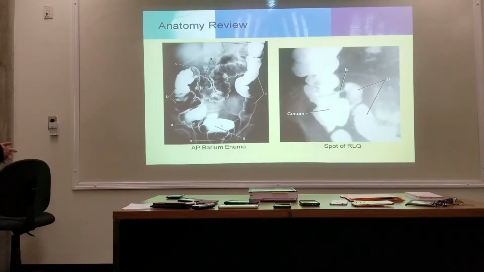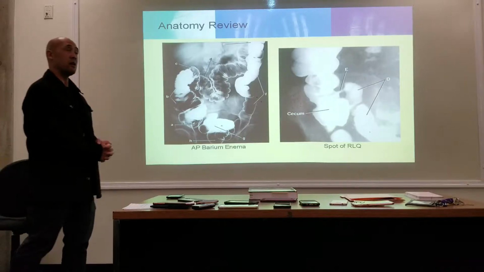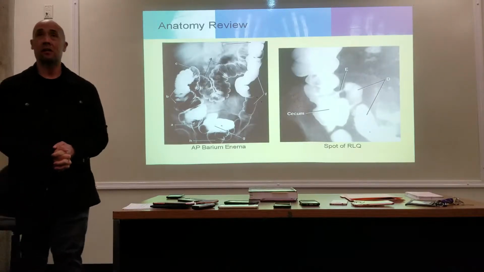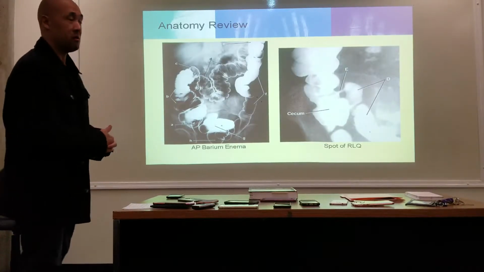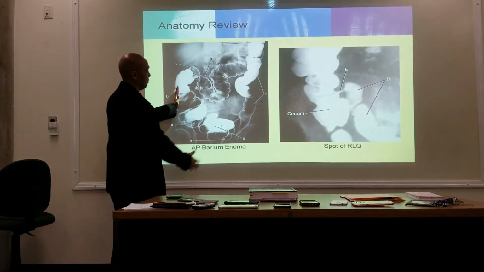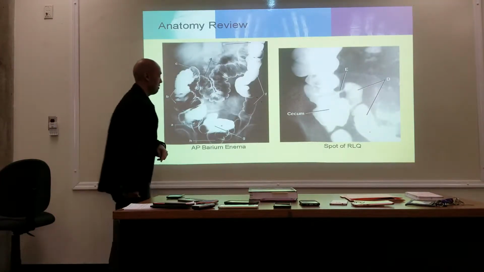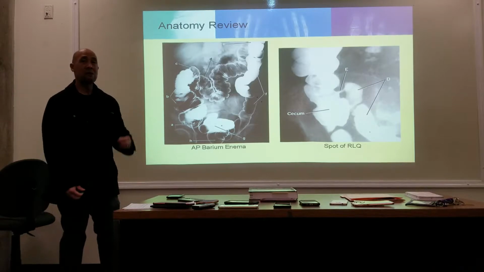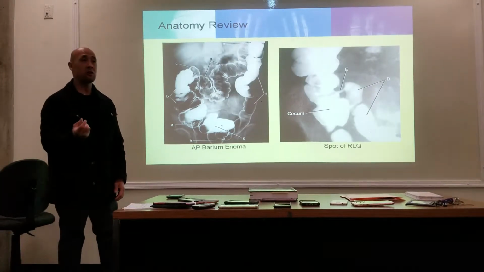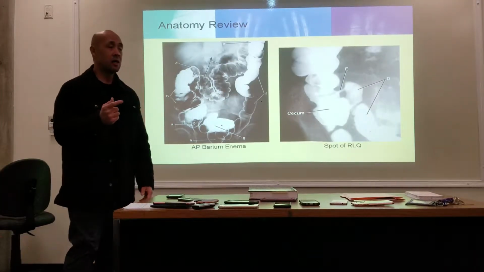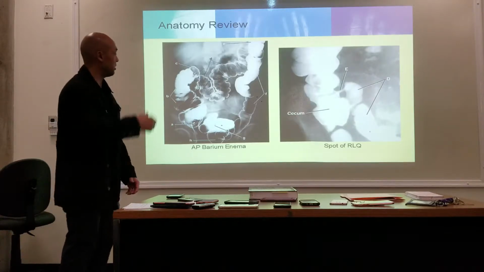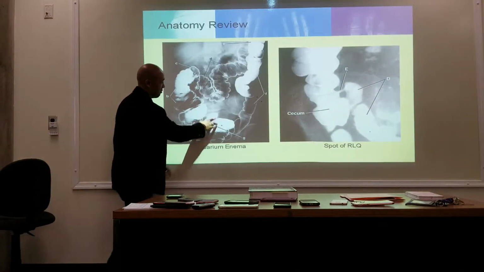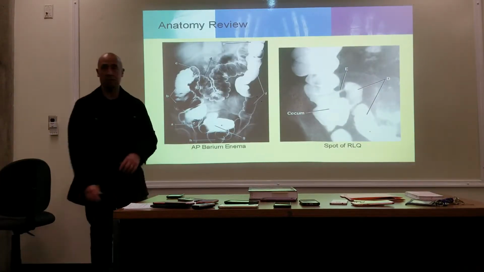And it says here it's AP, so they're laying on their back, so that would mean the contrast should be where? In the ascending and descending, which they are. And we also said that in AP, parts of the contrast should also fall in the sigmoid rectal area because it goes from anterior to posterior. So you're seeing part of the rectal sigmoid area also filling up with contrast.